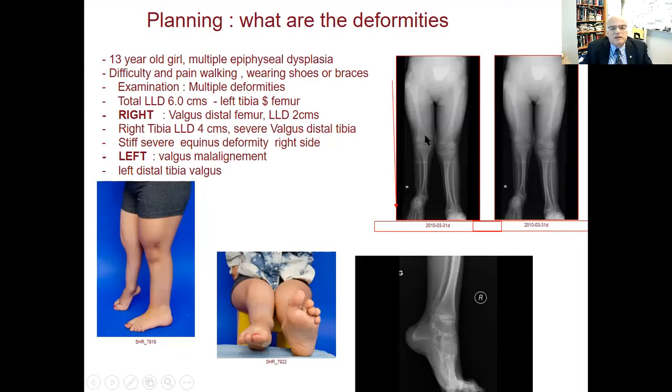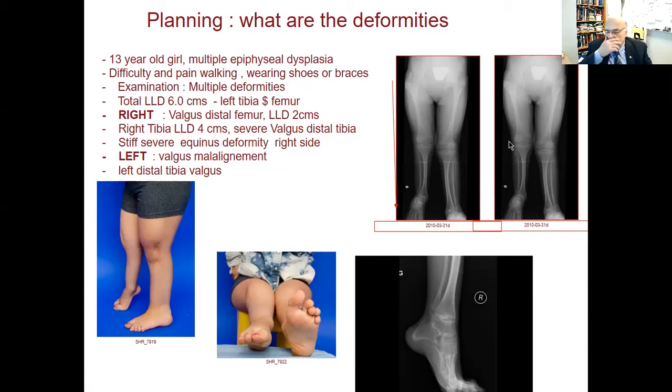On the right side, there is a valgus of the distal femur, LLD of 2 centimeters. On the right tibia, there is an LLD of 4 centimeters and valgus of the distal tibia. She has a severe equinus deformity on the right side. On the left, there is a valgus malalignment and left distal tibial valgus.